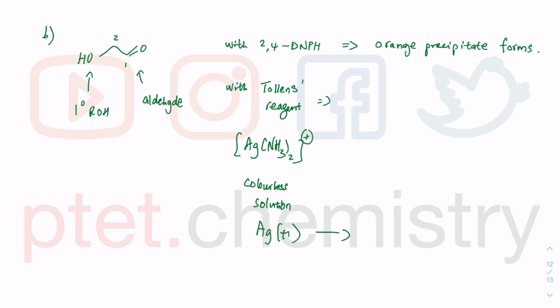With aldehyde, the silver +1 will go to silver 0, only with aldehyde, not with ketone, not with alcohol. So you will get a silver mirror, which is basically silver in 0 oxidation state that forms as a result of the aldehyde getting oxidized by this oxidizing agent. The oxidizing agent itself gets reduced from +1 to 0, giving you the silver mirror.